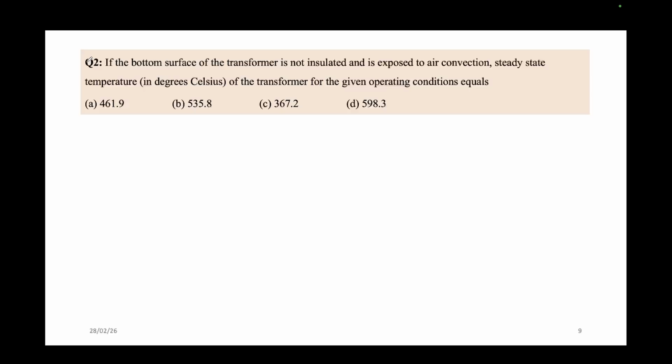Next. So a similar type of question is also given. Please solve and let me know what the answer is. I'm giving you 2 minutes time.